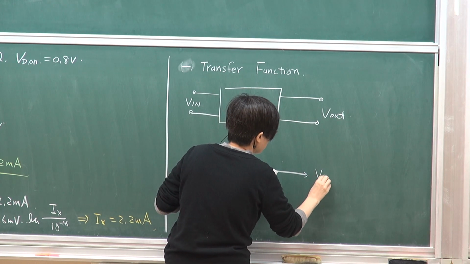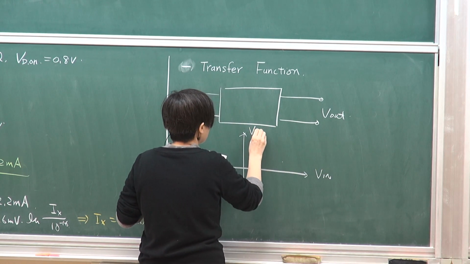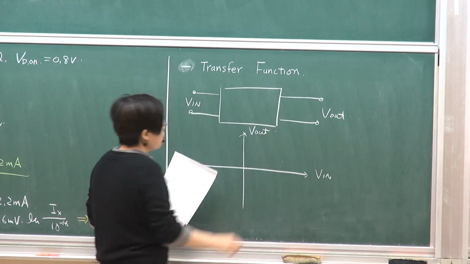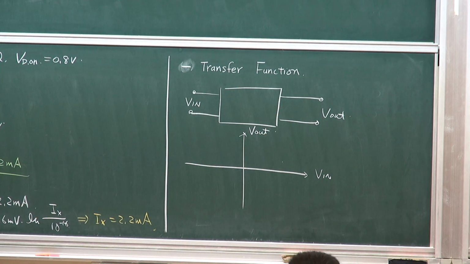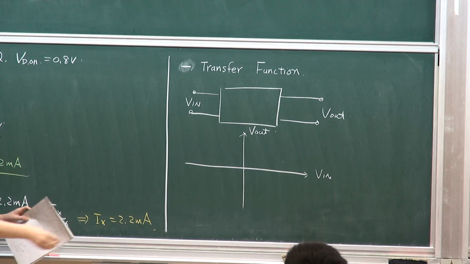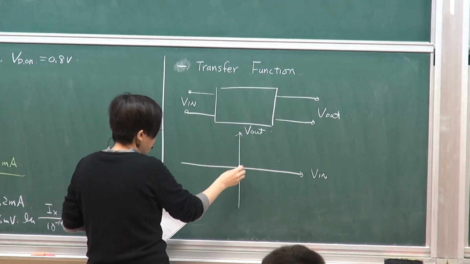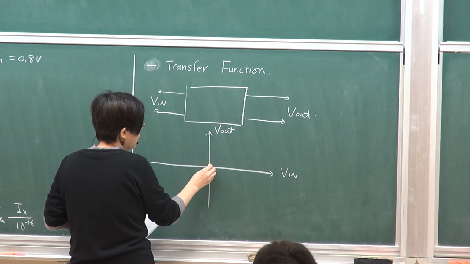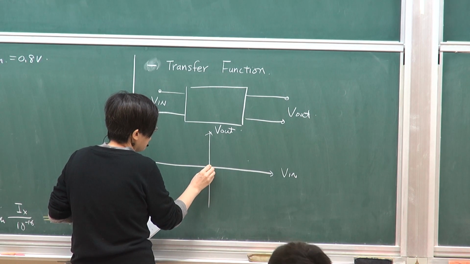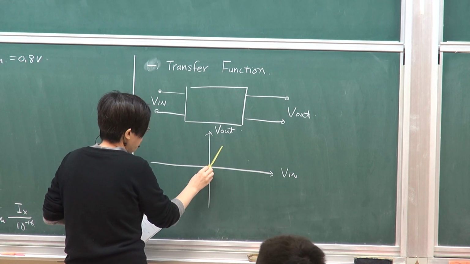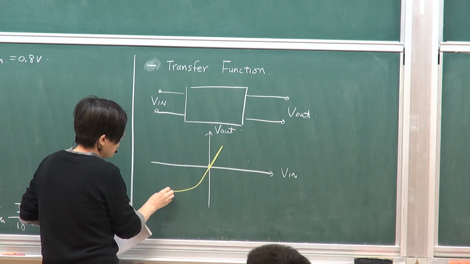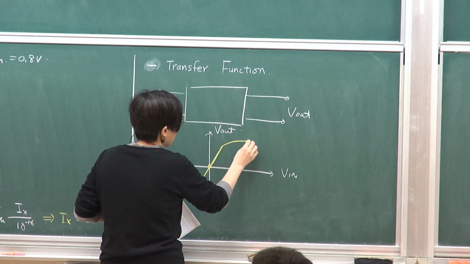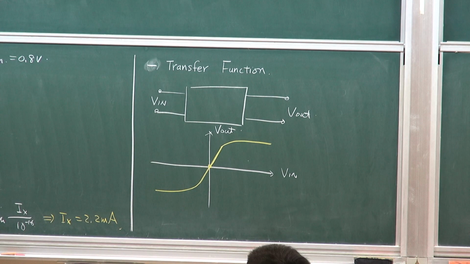So let's say this is my input level, and this is my corresponding output level. For most amplifiers, it will look something like this, a typical characteristic of amplifiers. It amplifies in a particular range, and then it might taper out at a certain level.